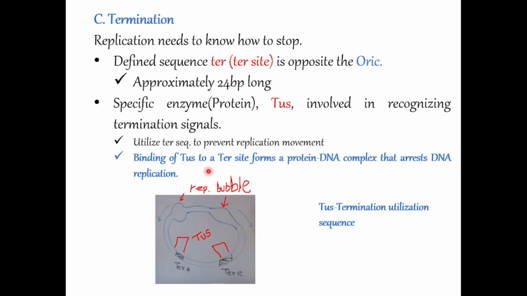So the binding of TUS to the Ter site forms a protein-DNA complex that arrests DNA replication. In such a mechanism, it stops DNA replication. So with the help of the TUS-Ter complex, it stops DNA replication.